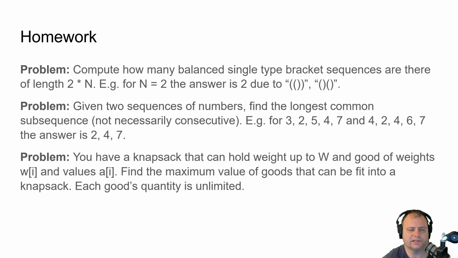Okay, let's do the analysis. So for the first one, we'll do dynamic programming. Fi is the number of balanced bracket sequences of length 2 times I. So F0 is 1. And then basically for every sequence, the first bracket would be open. So there would be a matching closed bracket somewhere. This closed bracket can be on even positions.